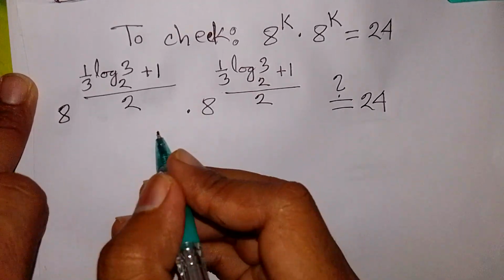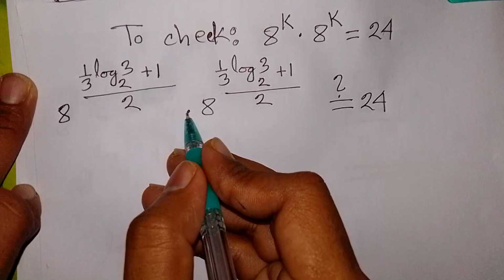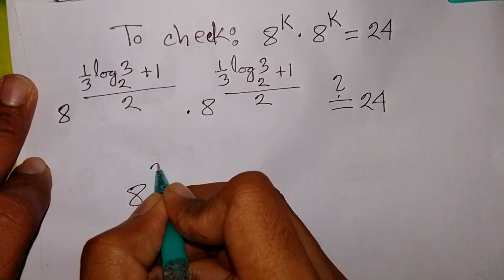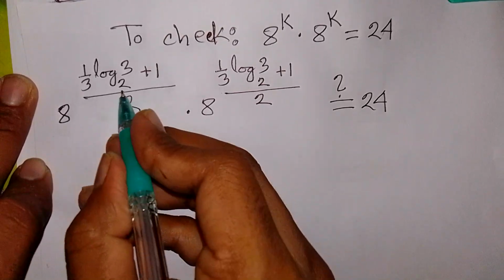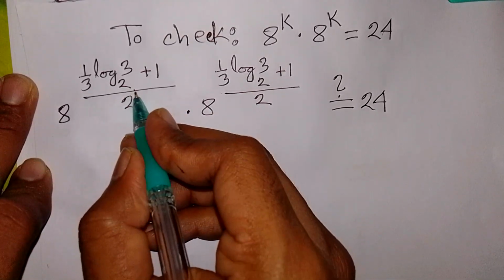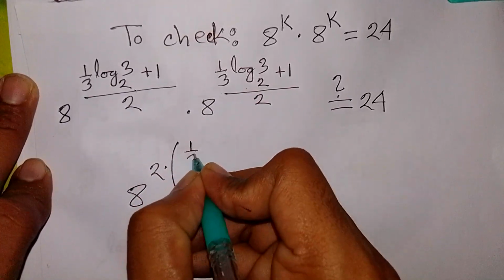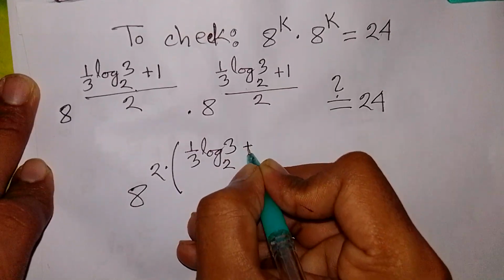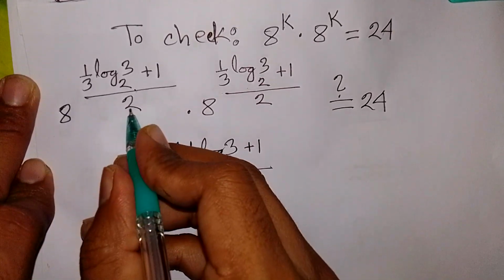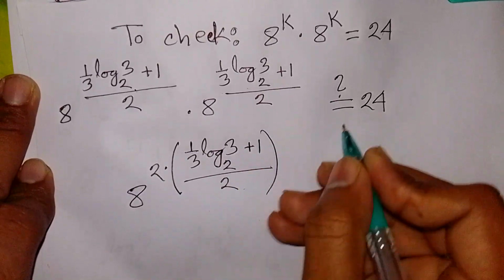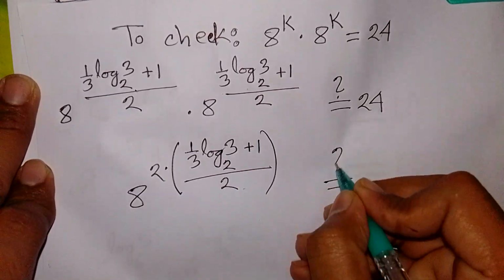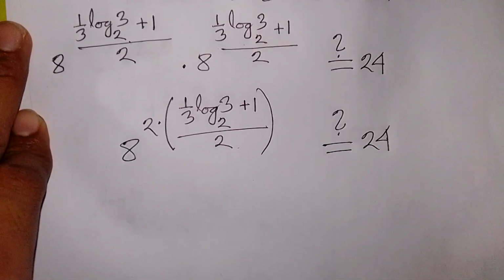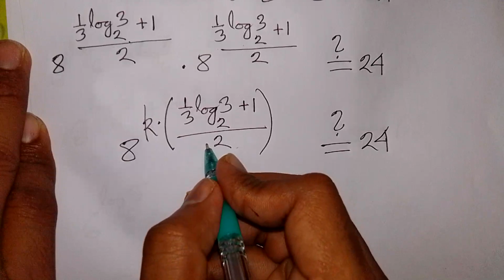Now here this times this is same as 8 power of 2 into bracket this common power 1 by 3 log 3 base 2 plus 1 over 2. Is it equal to 24? Now this 2 will be cancelled.